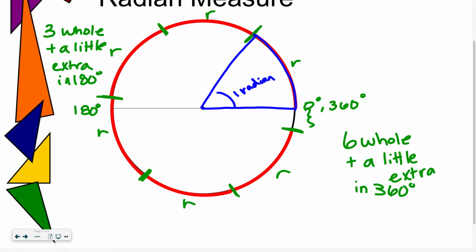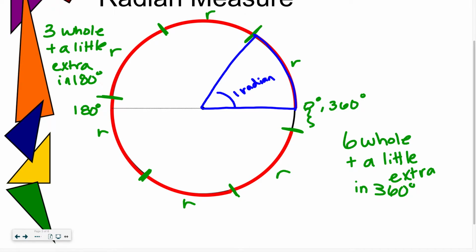And it's always true that you can get 6 plus a little extra radians in 360 degrees, 3 plus a little extra radians in 180 degrees, and that 3 plus a little extra is a really special number. Anybody want to guess what very special number 3 and some little extra decimal?